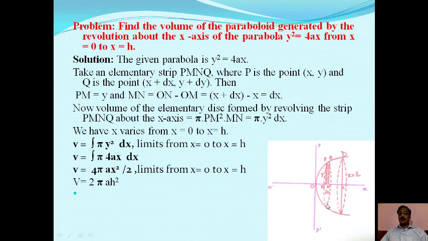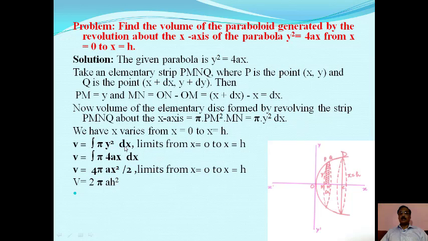So we have this circle and the radius is given by y, and pi y square is the area of this circular plate, and MN is the height of this disc, we can say delta x or dx.